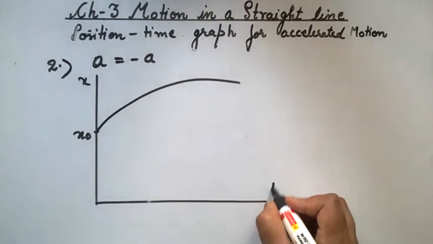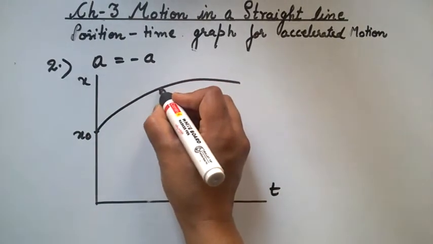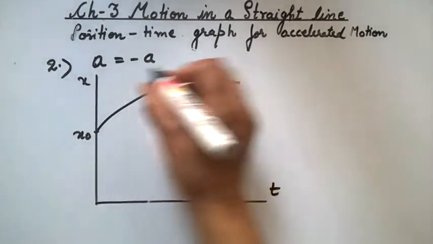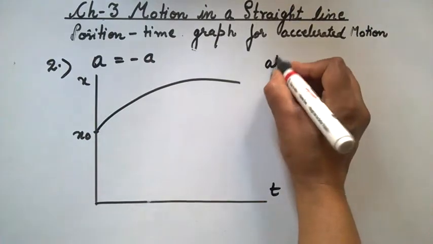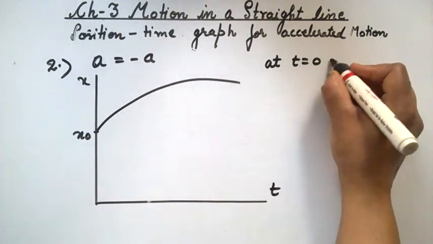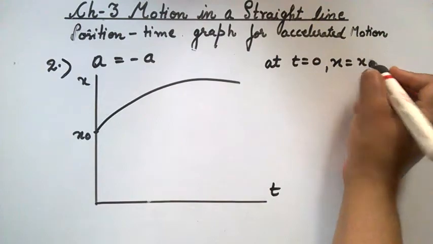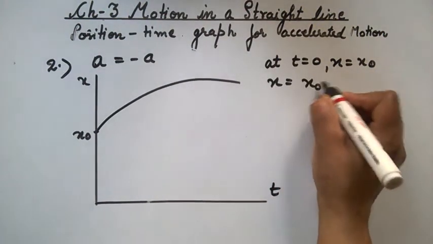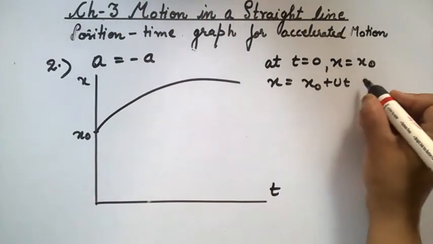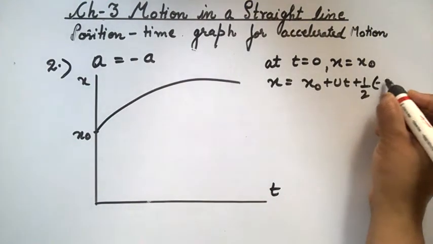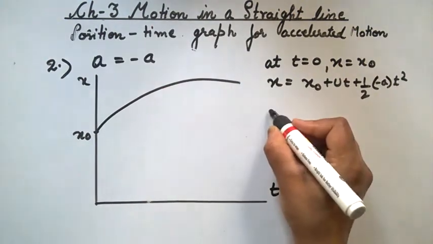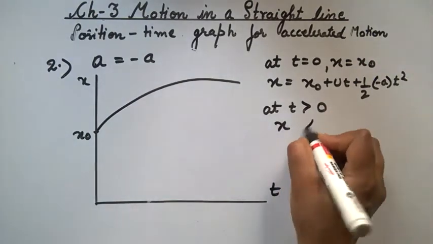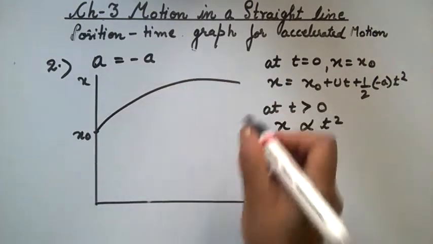This is the x-t graph. Velocity is decreasing and acceleration is negative. At time t equal to 0, x is equal to x naught, and by the kinematic equation x is equal to x naught plus ut minus half at square. By this, at t greater than 0, x is proportional to t square. Thus the graph is a parabola.